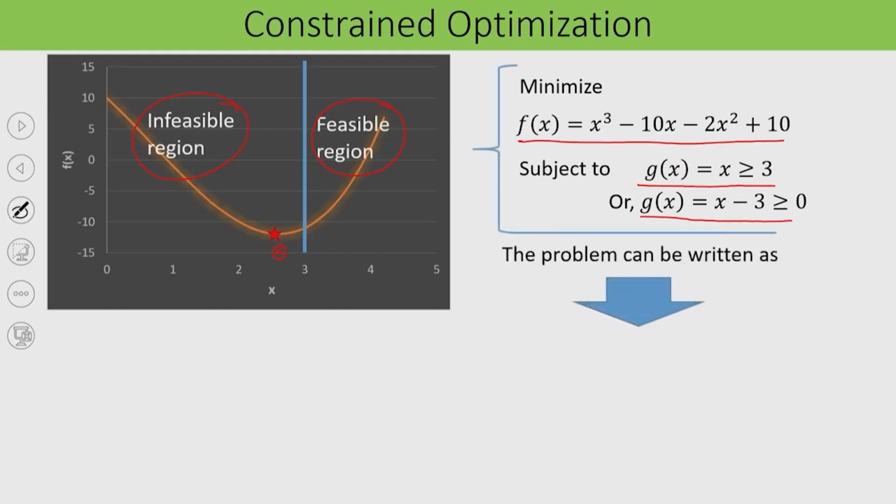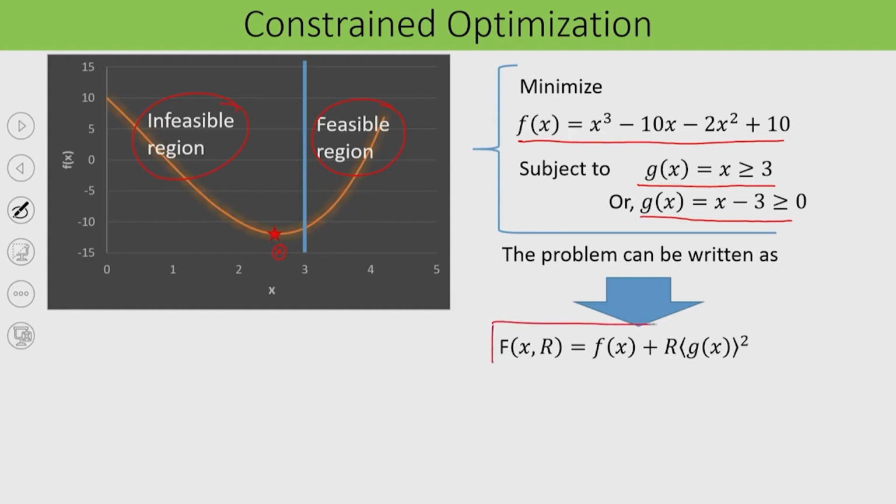Now, let us try to solve this problem. The idea is that you convert this constrained problem, which has an objective function and a constraint, to an unconstrained optimization problem. So, this is the conversion.